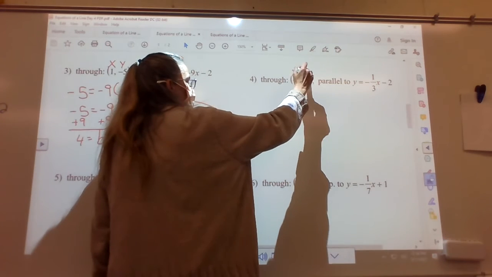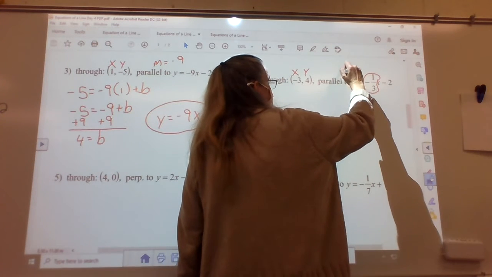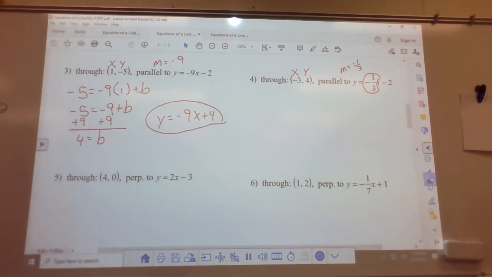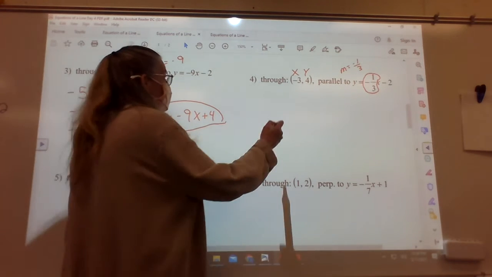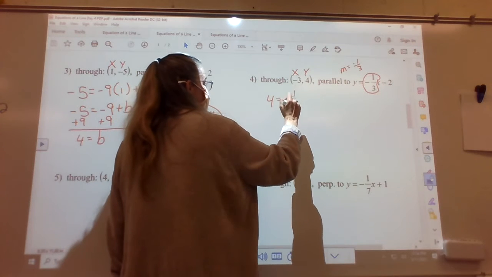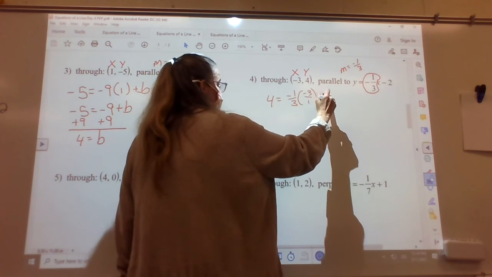X, y, my slope is right here, negative 1/3. So my slope is negative 1/3. Y equals mx plus b. Hopefully nobody actually needs that equation. I'll still give it to you, but you shouldn't need it. Y equals mx plus b.